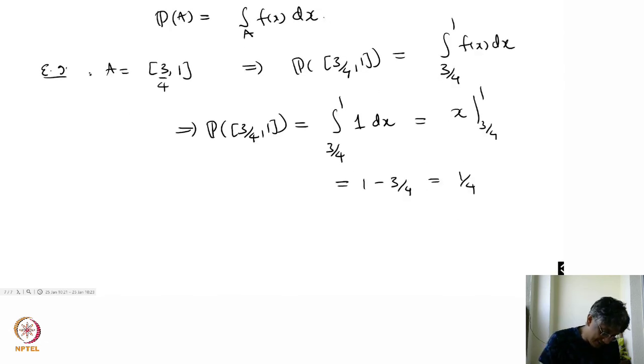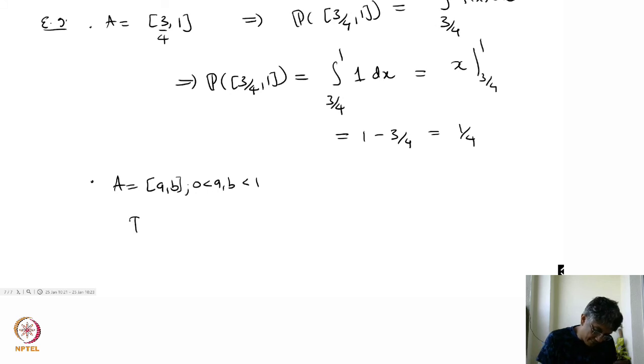Another way you can think of it is, take the example A to be the interval AB, where A and B are strictly between 0 and 1. Let me just go back here and erase this a little bit.